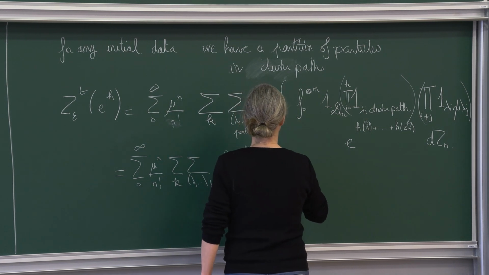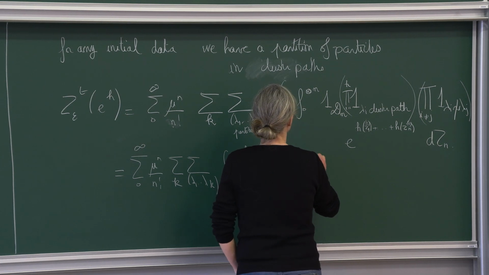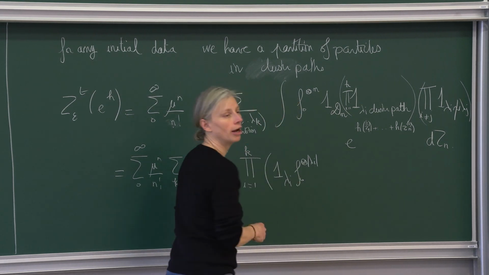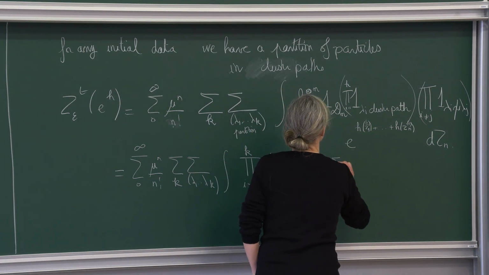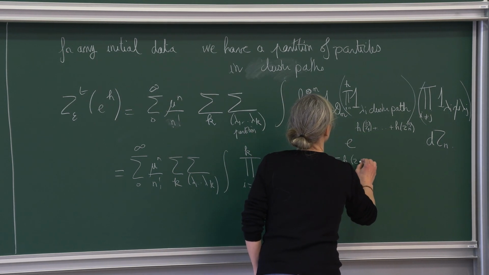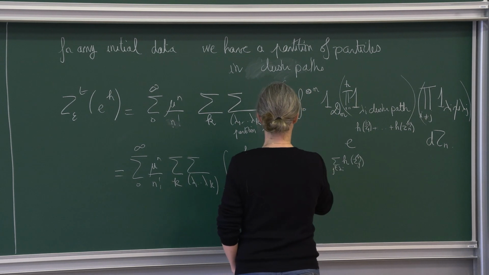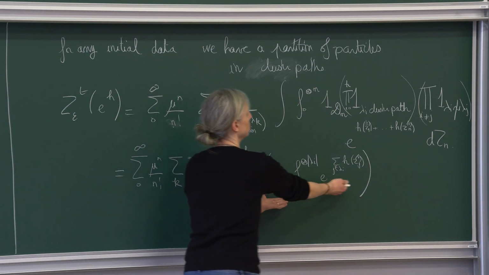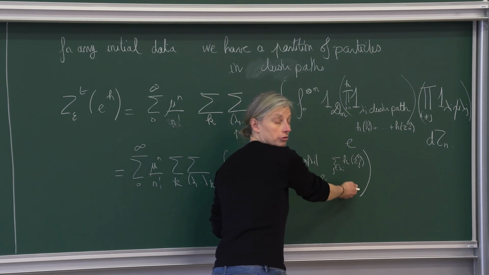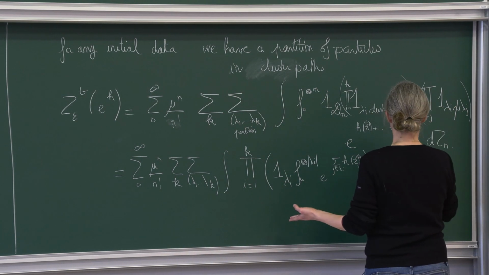Here lambda i is a cluster, then I take f0 to the length of lambda i, and then the exponential of the sum of h of z_j for j in lambda i. So this is really something which only depends on the cluster lambda i. And then of course you have the exclusion.